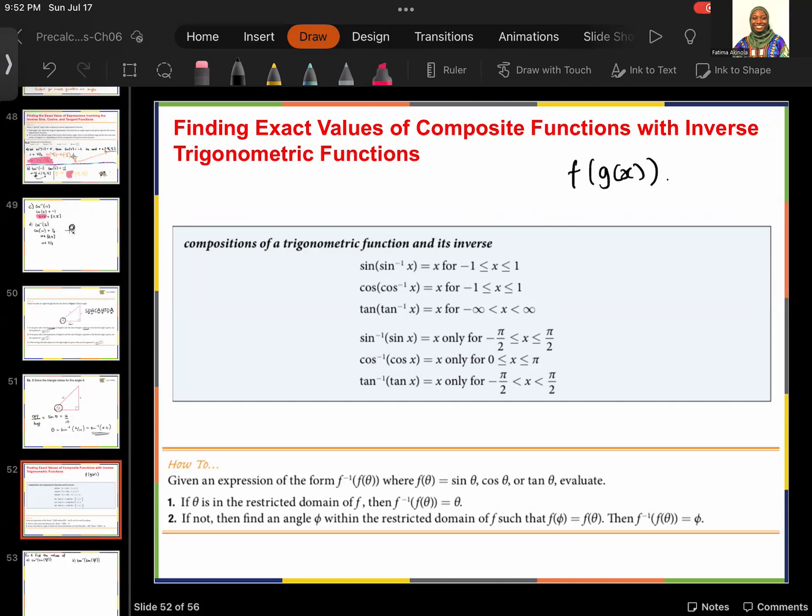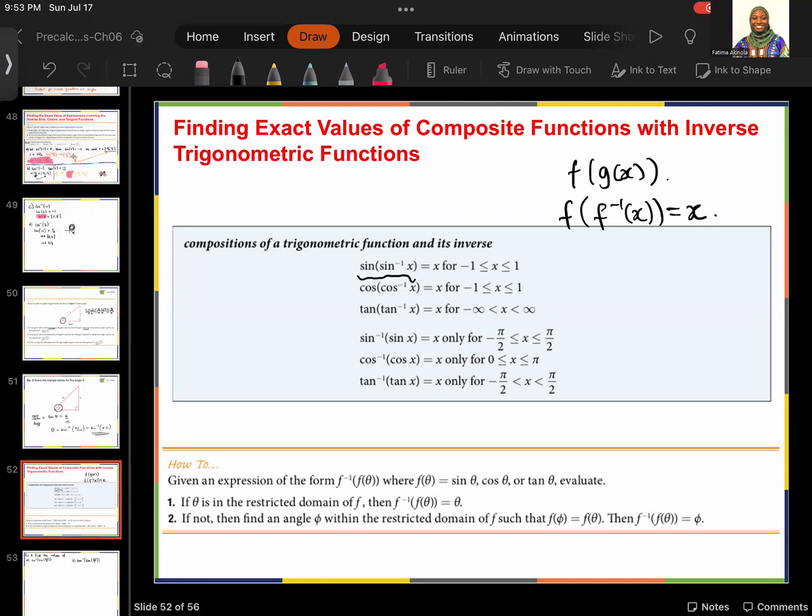And of course, from your inverse function section, we had something where f of f inverse of x is equal to x. This is not always true for trigonometric functions and their inverses. Say, for example, sine and sine inverse.